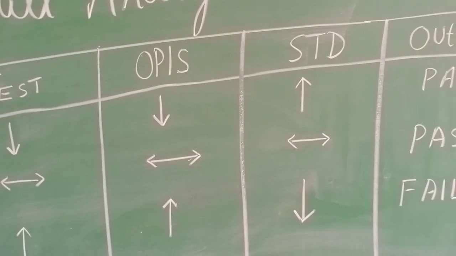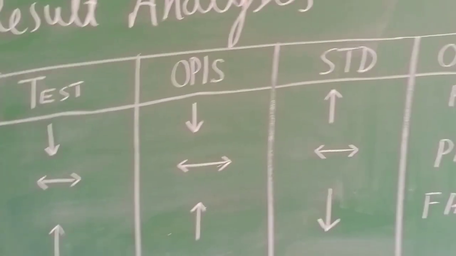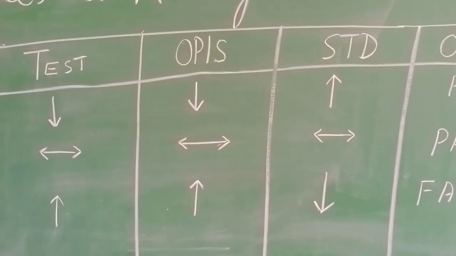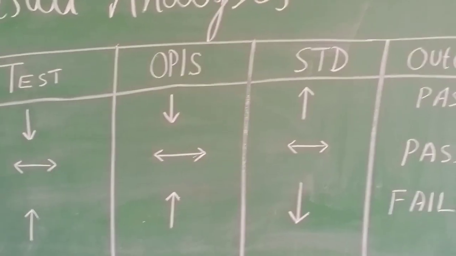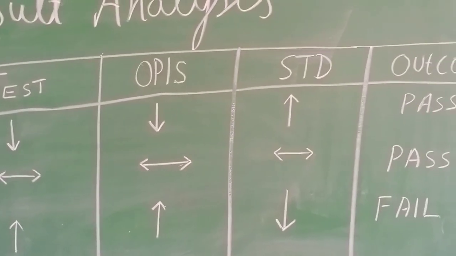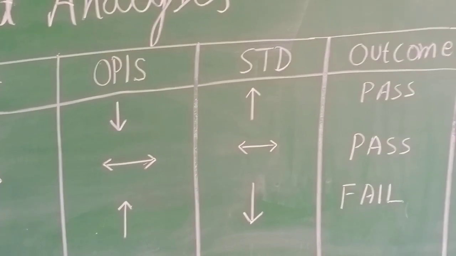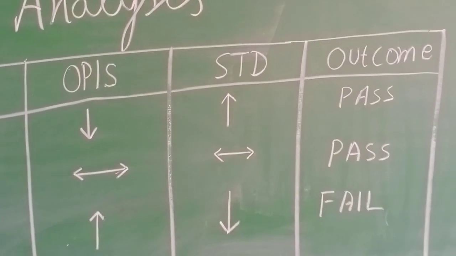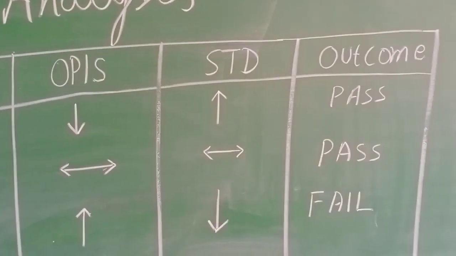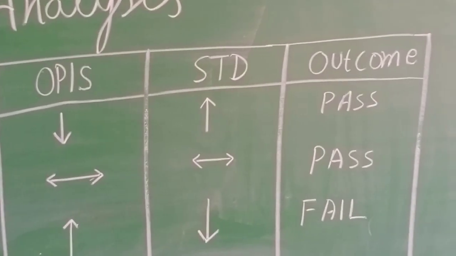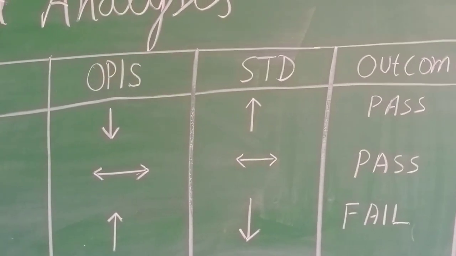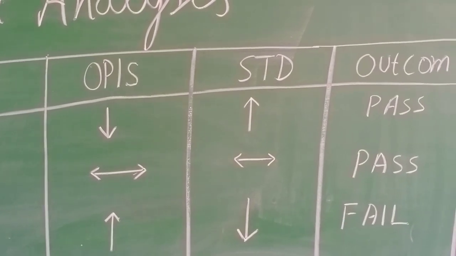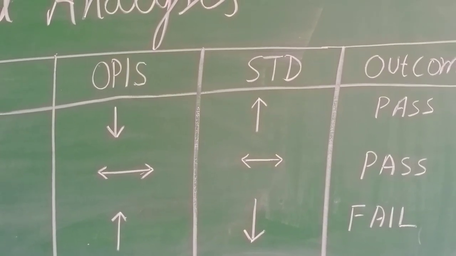So in such a case, in which the opalescence produced by the test sample is less than that produced by the standard sample, our final outcome for the limit test of chloride is that the sample passes the test, as it contains less quantity of chloride compared to the standard.